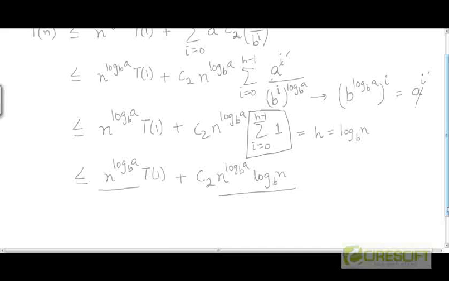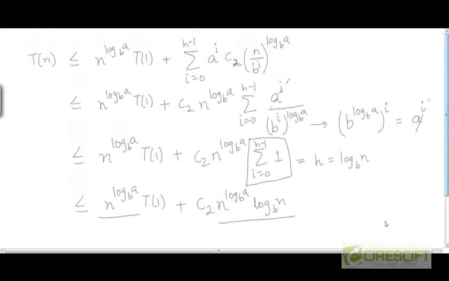So we can argue that this whole expression is going to be less than or equal to some constant k multiplied by n to the power log of a base b times log of n base b.